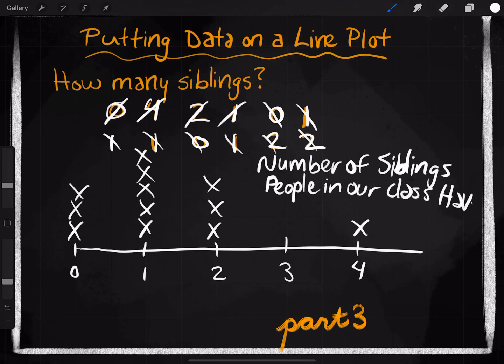Say it was a class that we gave this survey to. And then at the bottom I would write a label, and my label would tell me what these numbers are. Well, in this case it's really easy, it's just number of siblings. So it tells you that's what you counted.